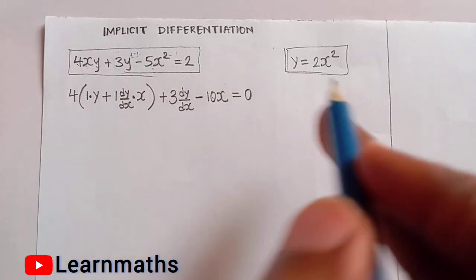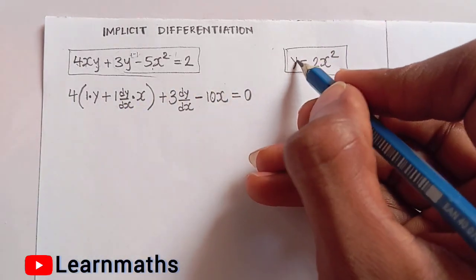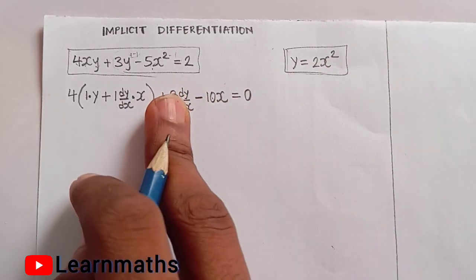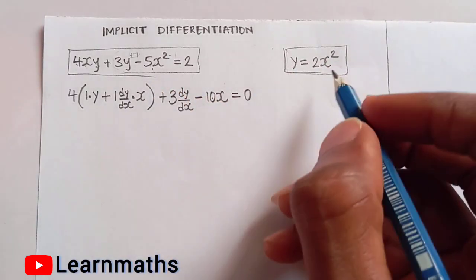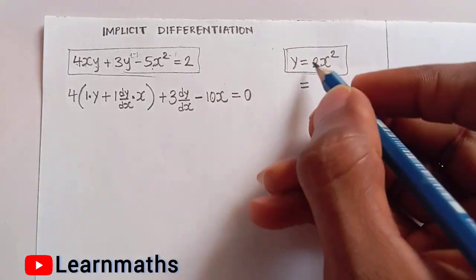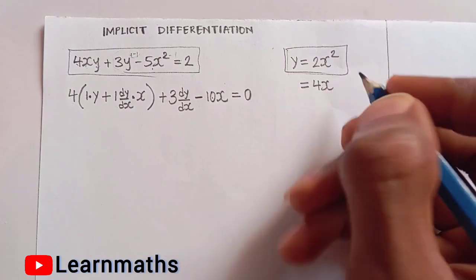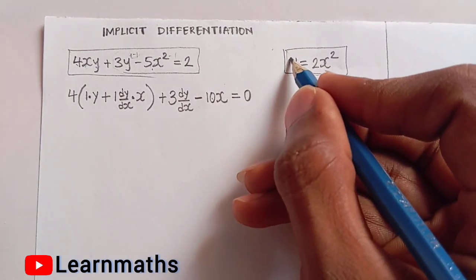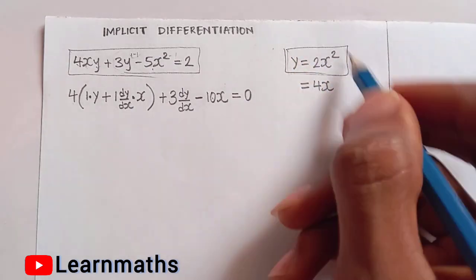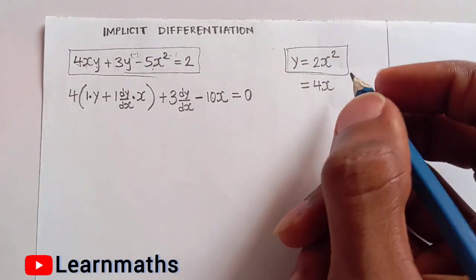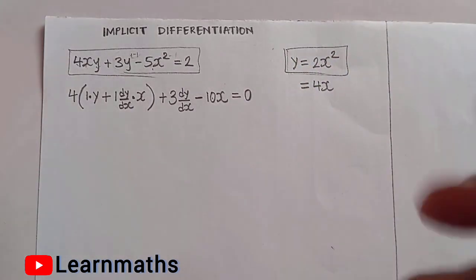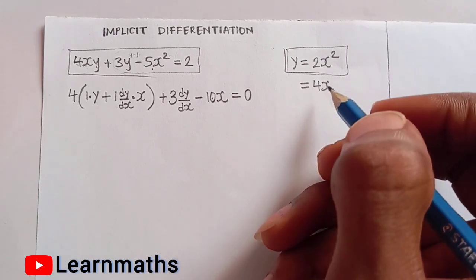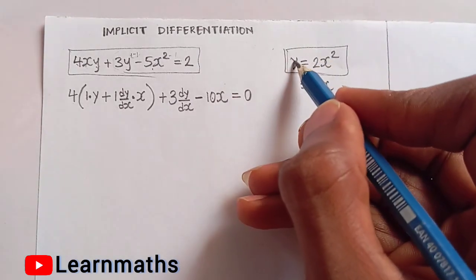Now let's take a look at explicit differentiation briefly before we continue with this implicit. You observe that the differential of this is actually 4x, but we don't just say 4x, we actually differentiate this y here. If you have to find dy dx for this explicit function, somehow we're actually carrying out implicit differentiation, because we're also differentiating this y here.